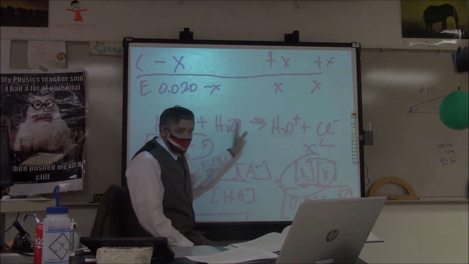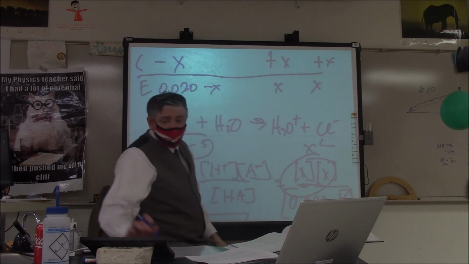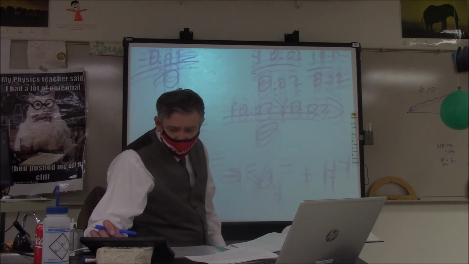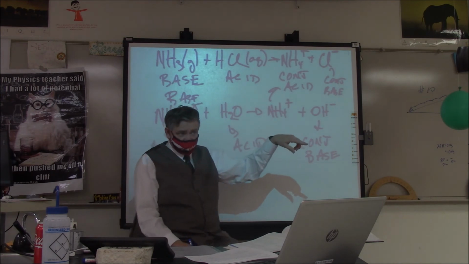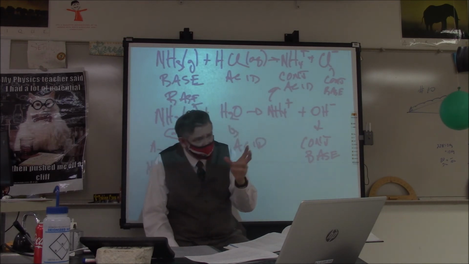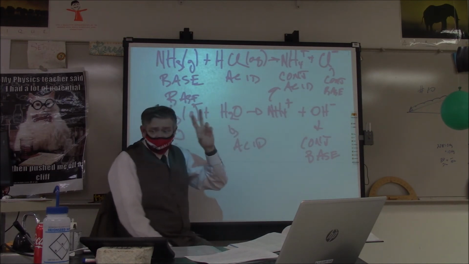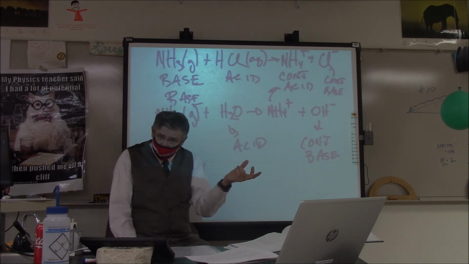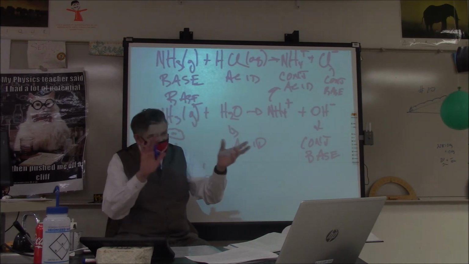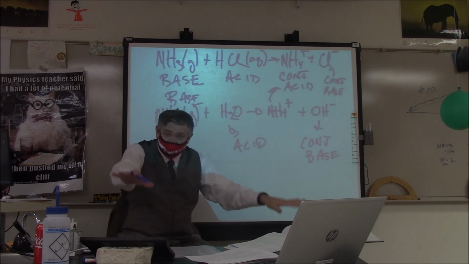When you get down here with ammonia, water acts as an acid. So water is said to be amphoteric. What that means is that depending upon the situation, water can act as an acid or water can act as a base. Here's a biology tie-in, right?